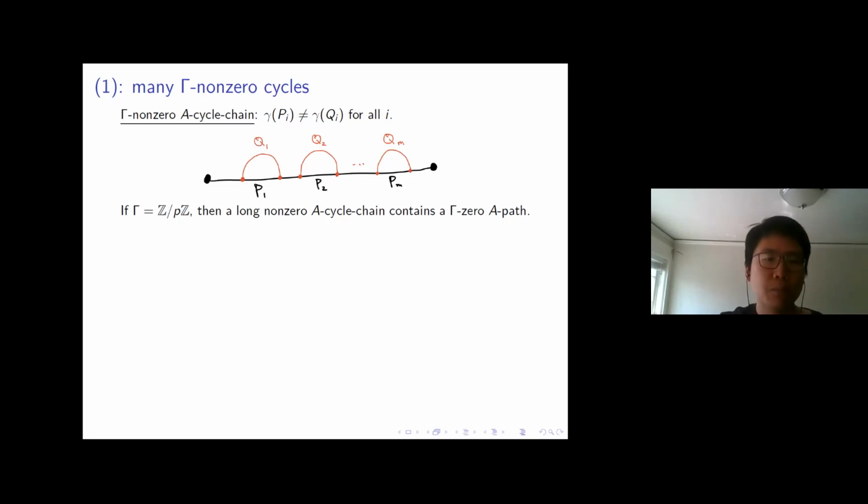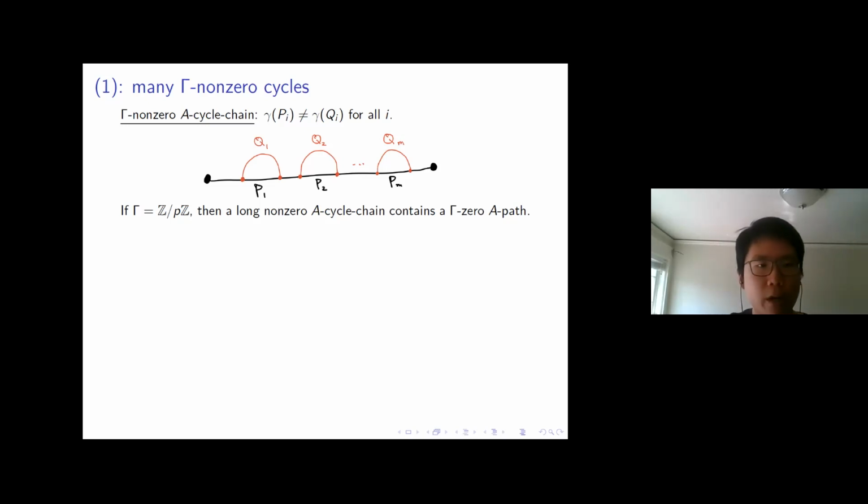And the hope is that I can find the special path that I'm looking for. It turns out that if the group is the cyclic group of prime order, then this is always possible. So any long enough non-zero cycle chain gives me a 0 A path. This is just from the fact that every element is a generator for the entire group.